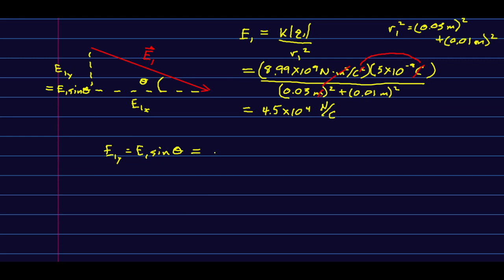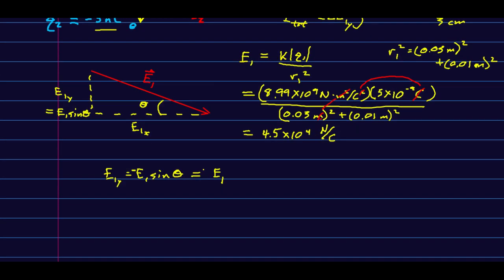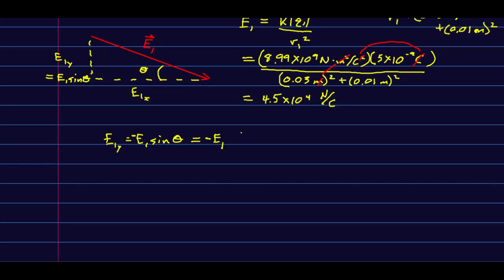So I'm just going to go ahead and say, careful, E1y is negative E1 sine theta, right? Look, it's pointing down. So negative E1, and then this is just going to be the 1 centimeter. And I don't even really need to worry about the units because I know it's going to be meters top and bottom, and they're just all going to cancel.